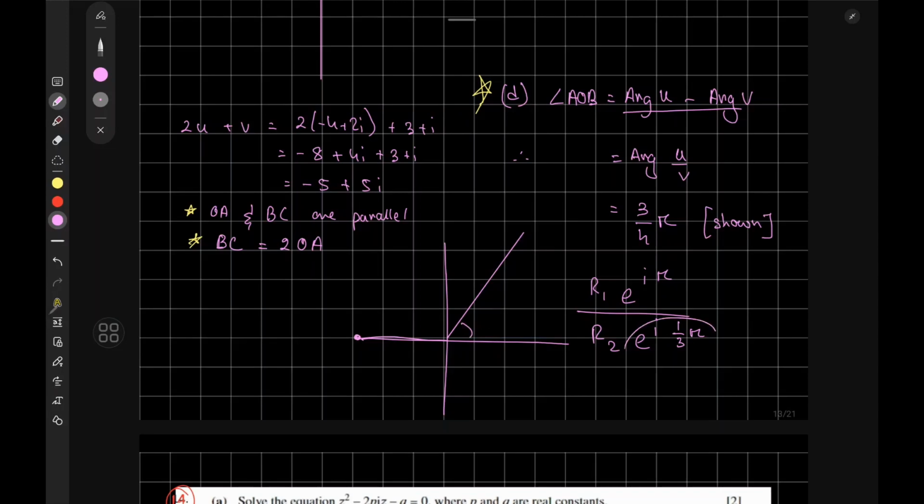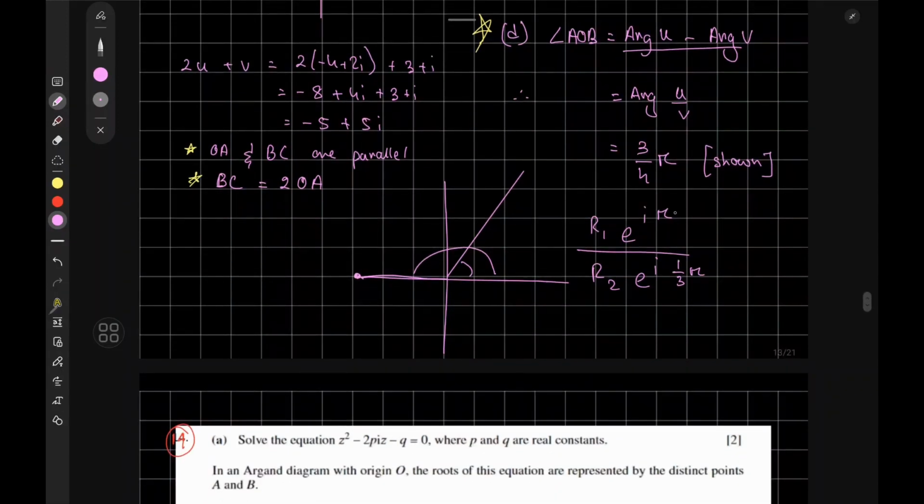So if you divide both of these, r1 by r2 remains as it is, and you follow the indices rule: e to the power, take i common, of pi minus 1/3 of pi. So what are you doing? You're subtracting both of those angles. You're getting the difference between both of those arguments, which is this.